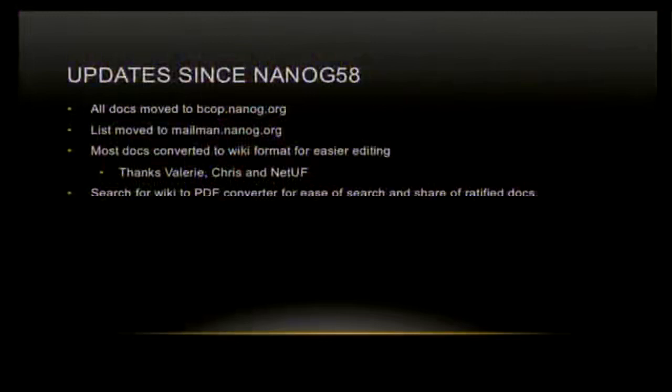People feel this is very important and are actively writing documents, but nothing has been finished since the last NANOG. I know that there's been some significant progress on a few very big documents, which is highlighted in a slide coming up here, but nothing's actually up for community vetting or to be ratified at the moment.